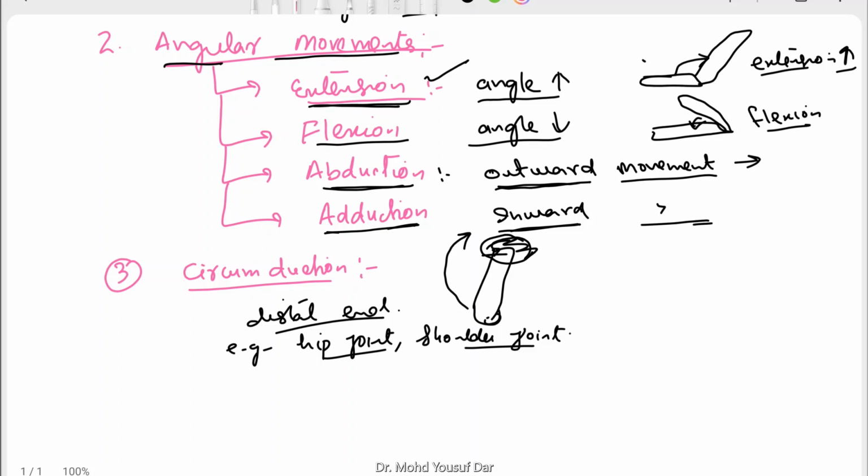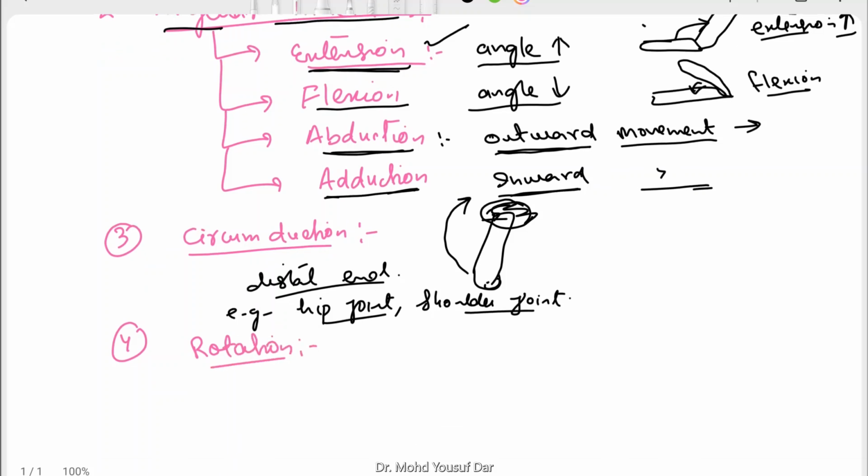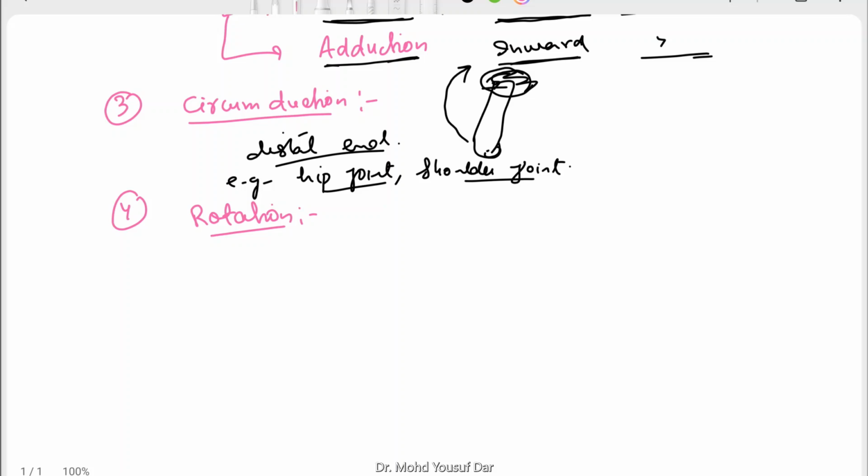Now the next movement is known as rotation. In rotation, what happens? Suppose these are the two bones. Here one bone will rotate around the longitudinal axis of the another bone.